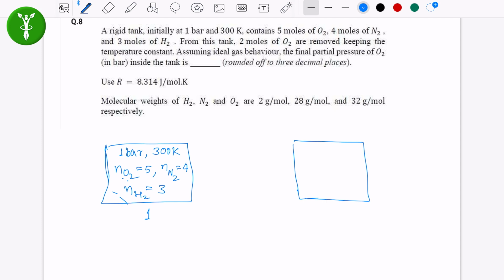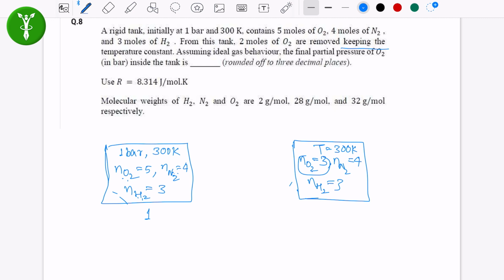So 2 moles are removed, so 3 moles of O2 will be remaining. Keeping the temperature constant, and nothing has been said about N2 and S2, so we will consider those moles as the same. So temperature is the same, but something should vary from state 1 to state 2 because the number of moles of O2 has been reduced.